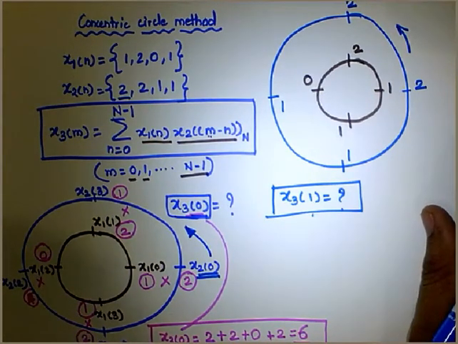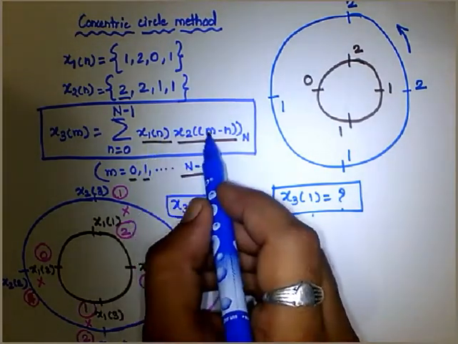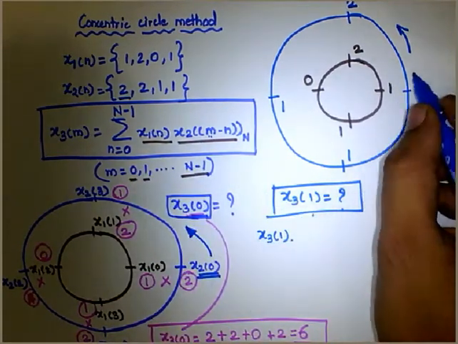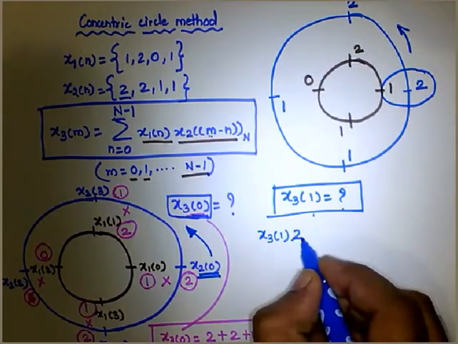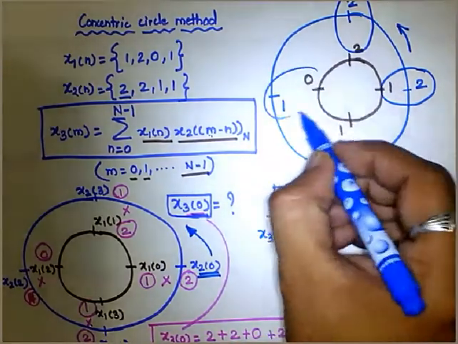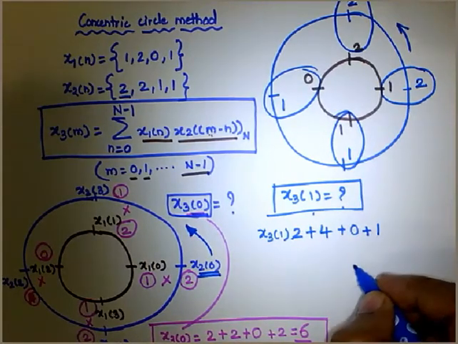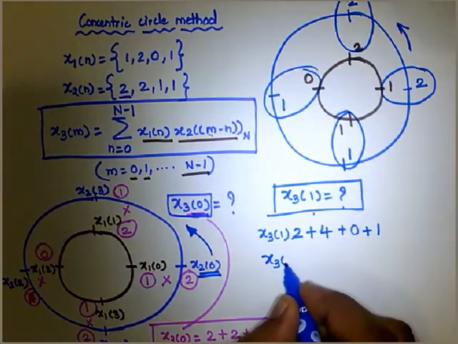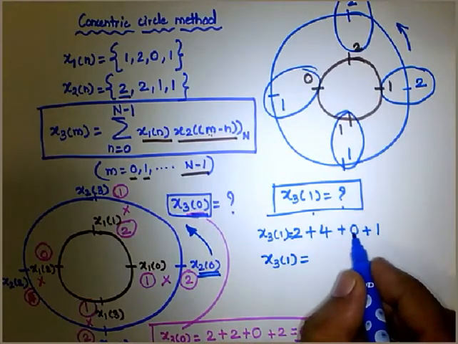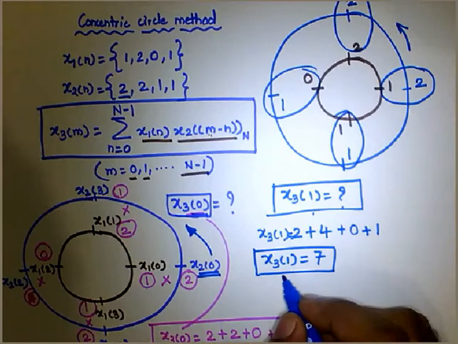Now, to calculate x3 of 1, according to the formula, x1 will be multiplied with the folded sequence x2 delayed by 1 and then added. So 1 into 2 is 2, plus 2 into 2 is 4, plus 1 into 0 is 0, plus 1 into 1 is 1. So x3 of 1 is equal to 2 plus 4, 6, plus 0, 6, plus 1. So x3 of 1 will be equal to 7.